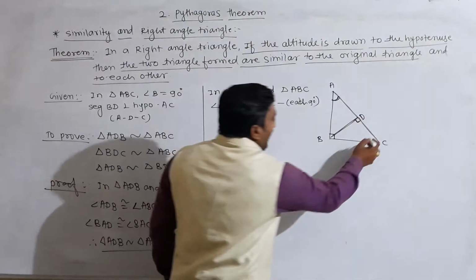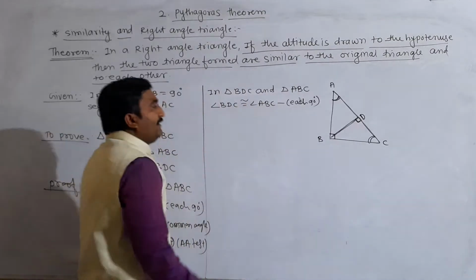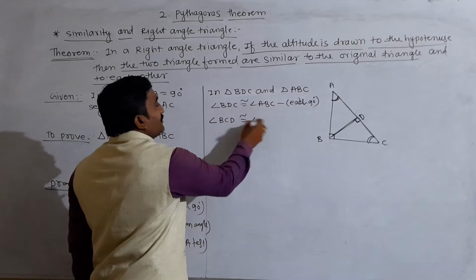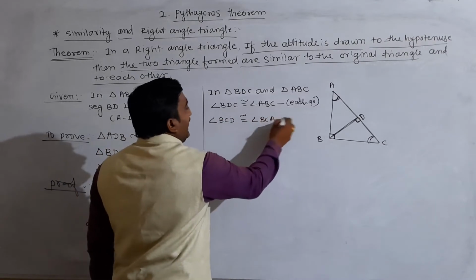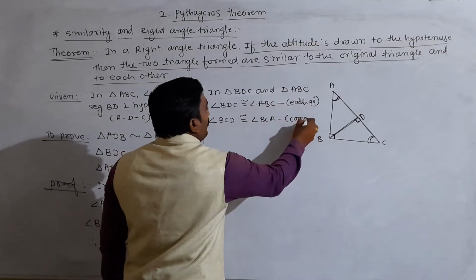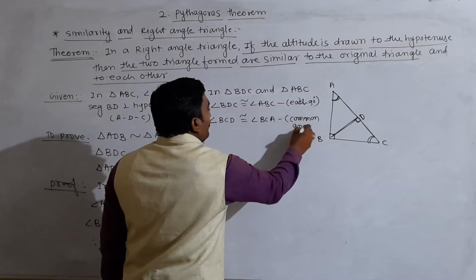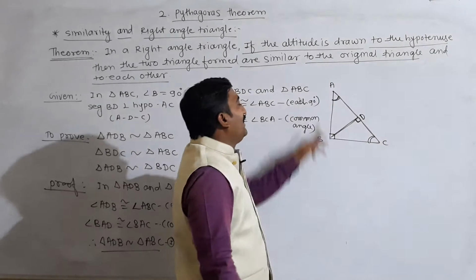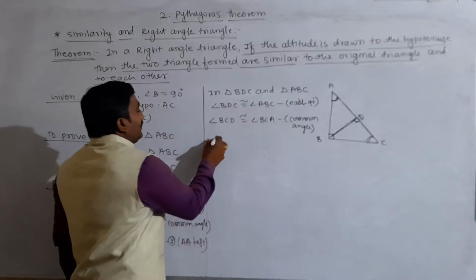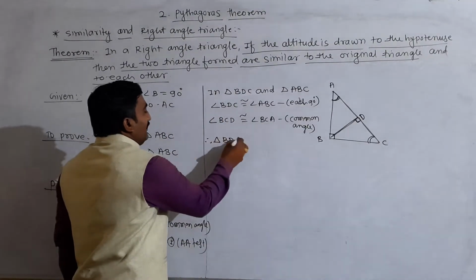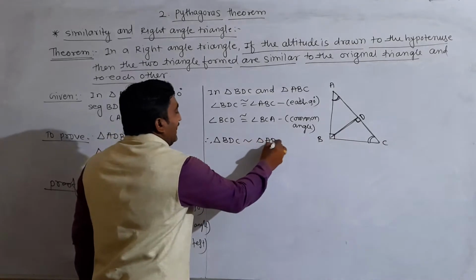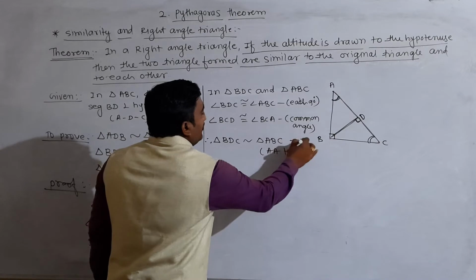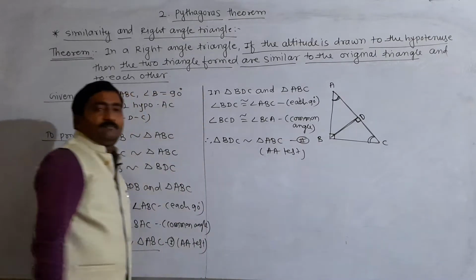Then which is the common angle? Angle C is common. So angle BCD is congruent to angle BCA. Reason: common angle. Angle C is common in triangle BDC and triangle ABC. So these two triangles are similar. Triangle BDC is similar to triangle ABC, by which test? AA test. This is equation second.